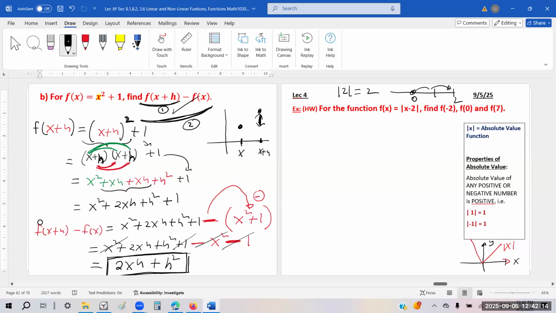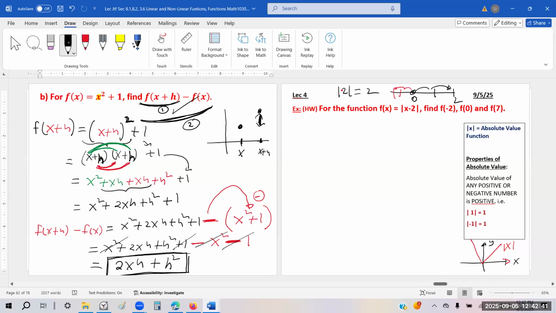Similarly, if they tell you what's the distance between 0 to negative 2, still 2. So anytime you pull out your absolute value, you're always supposed to have a positive result. You can never have a negative result when you pull out absolute value for a number. For variable, it's a different case. For a number, it's always positive.